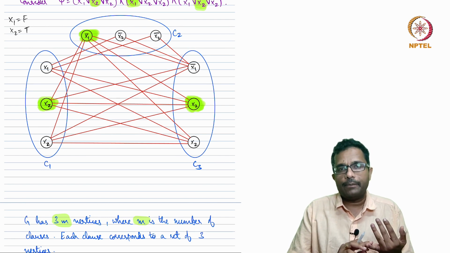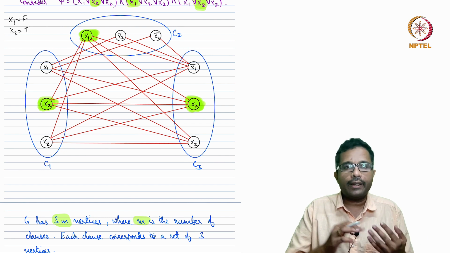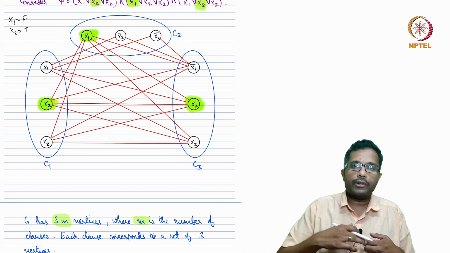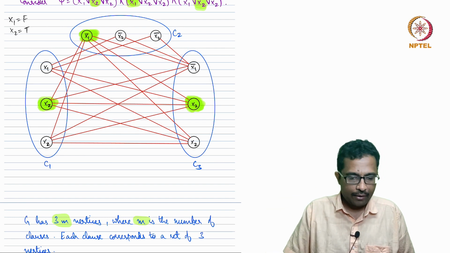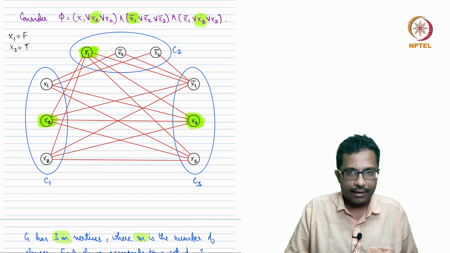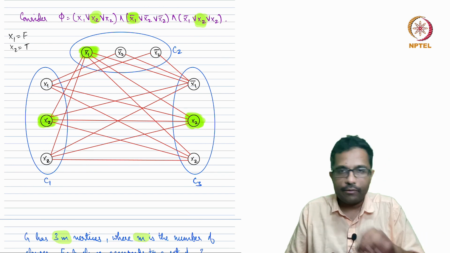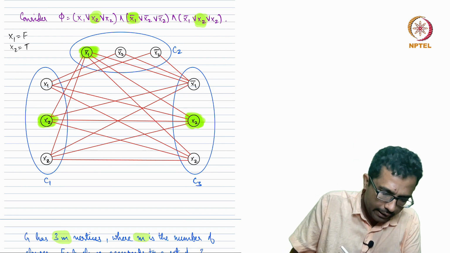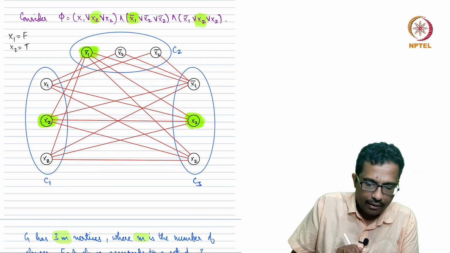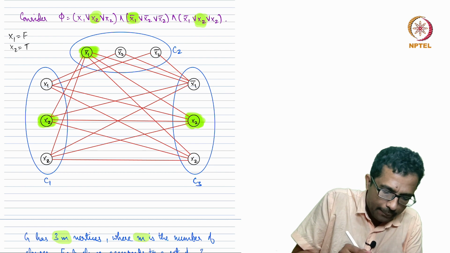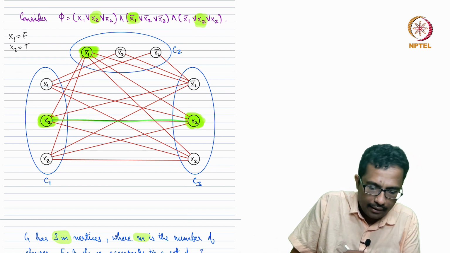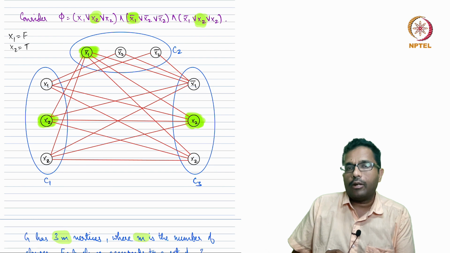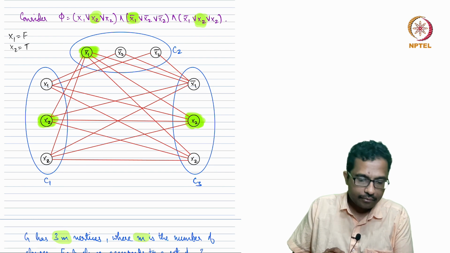One is if they are in the same group, and two is if they are of the form x1 and x1 complement, or x2 complement, and so on, right? So none of them are in the same group because we picked each one from a different class. The only way that there can be an absence of an edge between two of these is if they are of the form xi and xi complement, right?